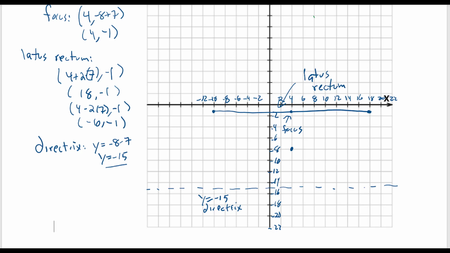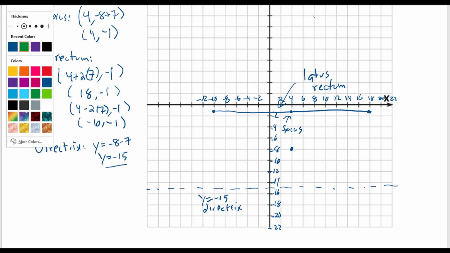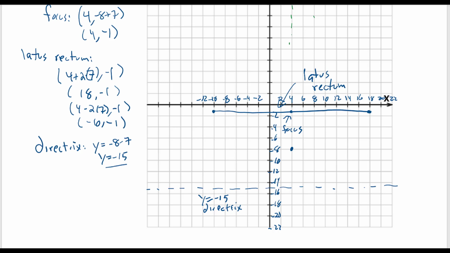And then I'm going to go to green and do the axis of symmetry. It's just going to be x equals 4. Okay, I think we have what we need to graph it now.